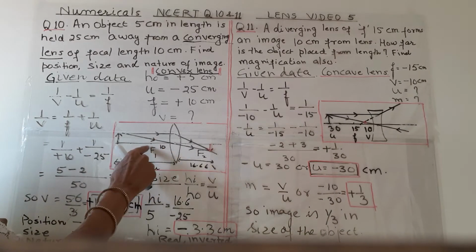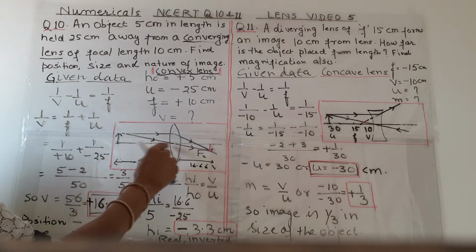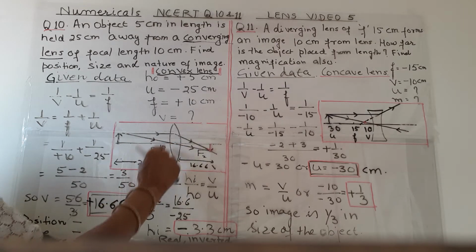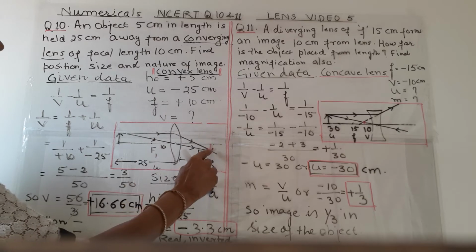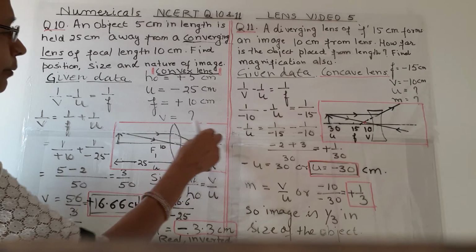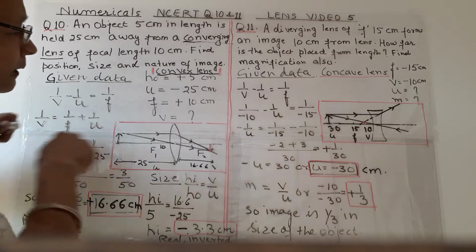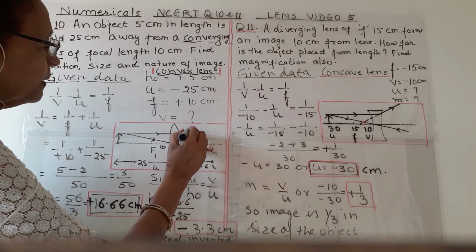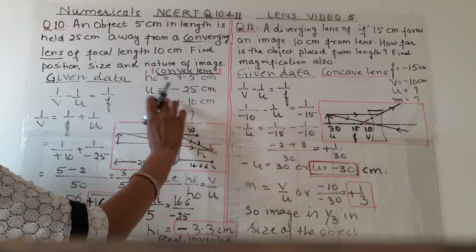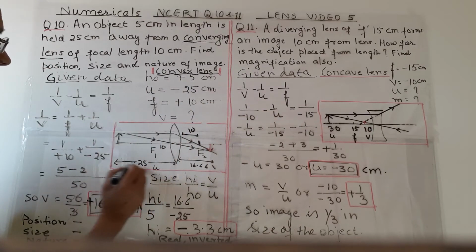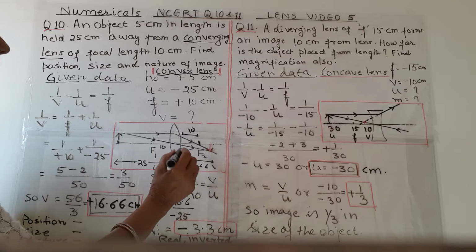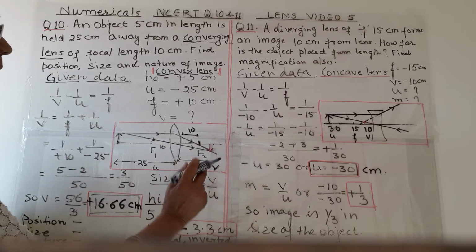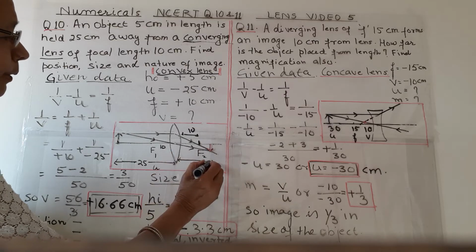In the ray diagram, taking the scale, we will mark the focal length, which is 10 on this side. This is 10 centimeters up to here. Then we will mark the 25 for U up to here, and automatically V is calculated as 16.6, from here to here.